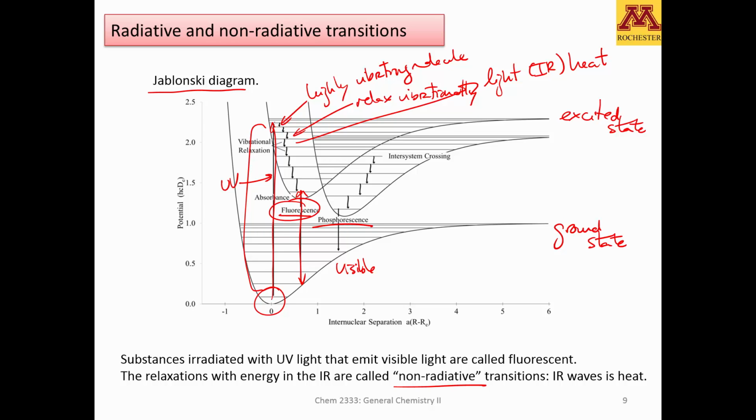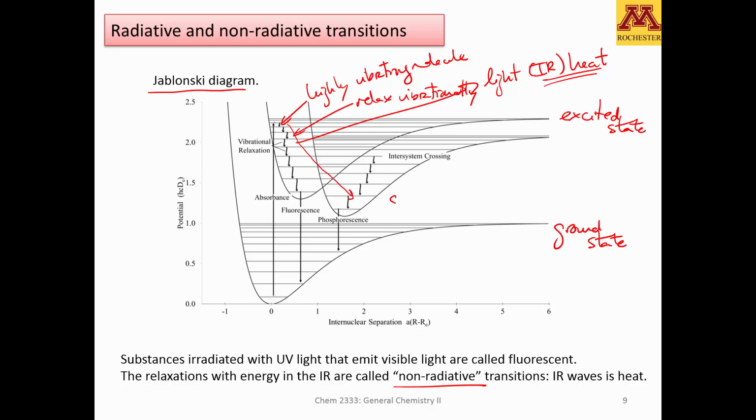That's one possible pathway. The other pathway, and let me erase something so that it doesn't get too clogged, is that it relaxes in a non-radiative manner. We say non-radiative because it emits heat, actually infrared photons, and it jumps into another state that is forbidden, if you will, not the first choice.